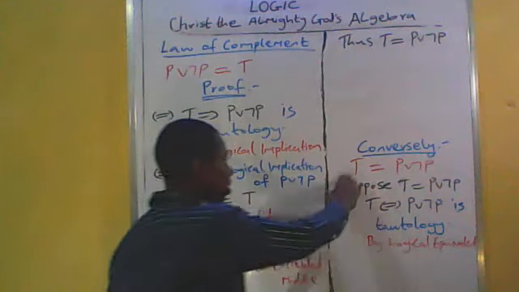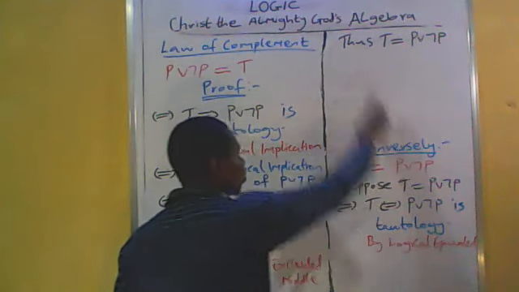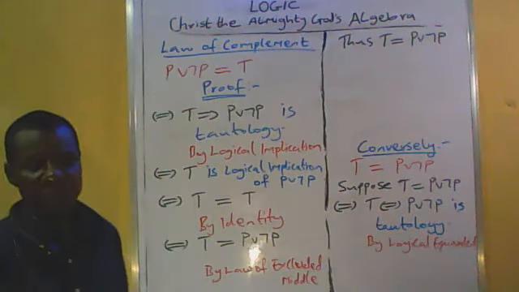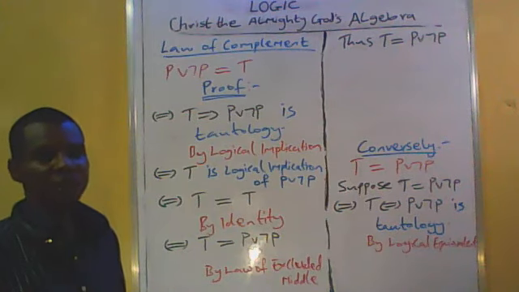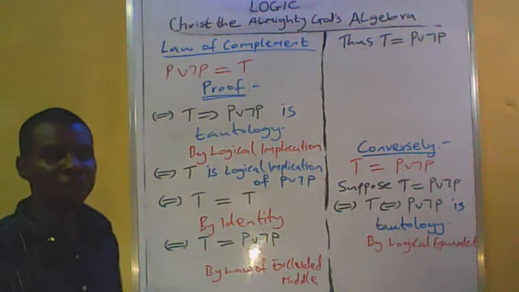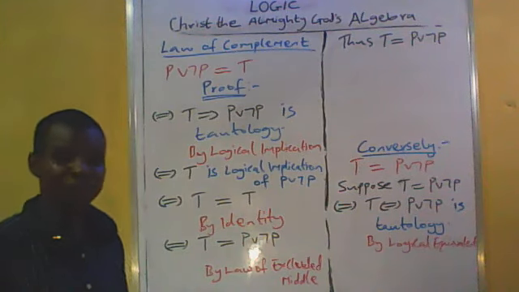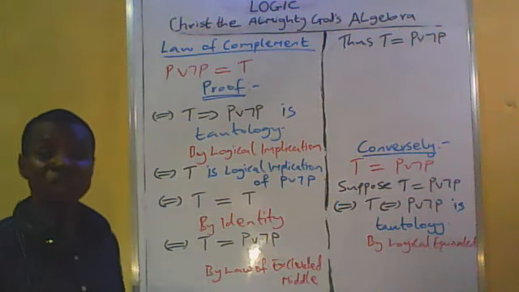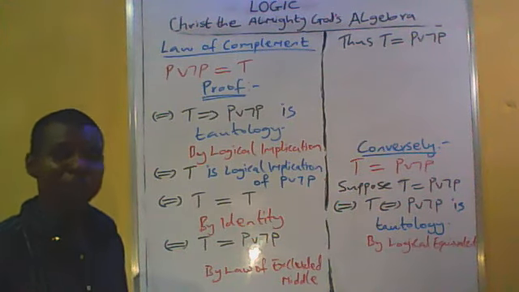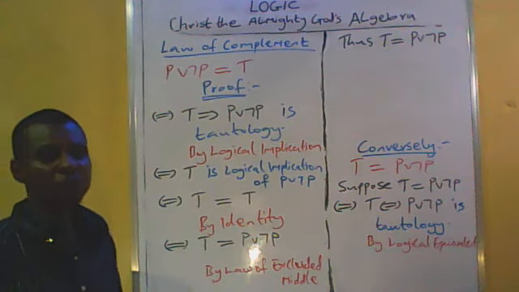Since I have now proved the converse, by the principle of essentiality, we then establish that P or not P is equal to T. This is the law of complement by disjunctive statement.